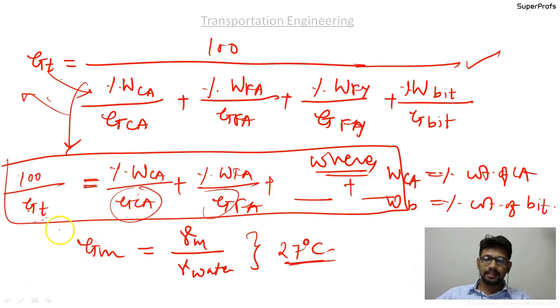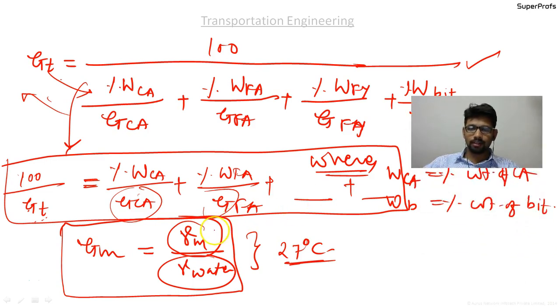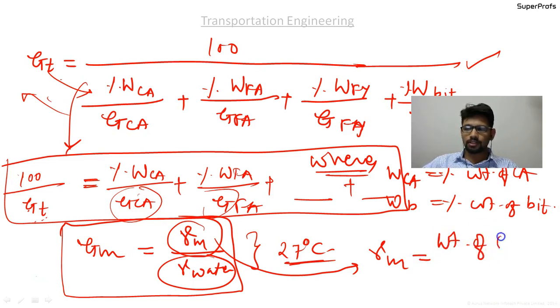So the measured specific gravity is the measured unit weight upon the unit weight of water, where the measured unit weight gamma m is simply the weight of sample upon the volume of sample.